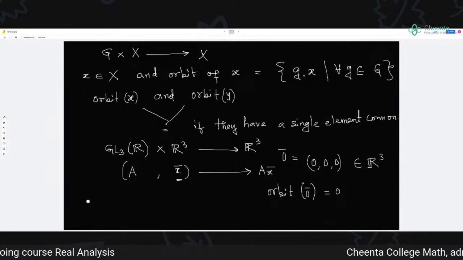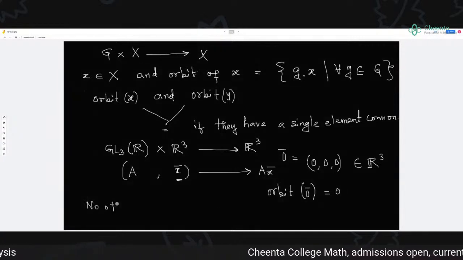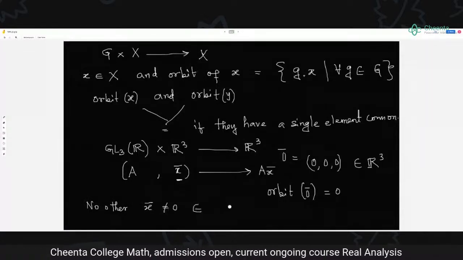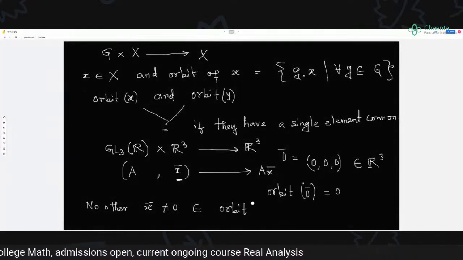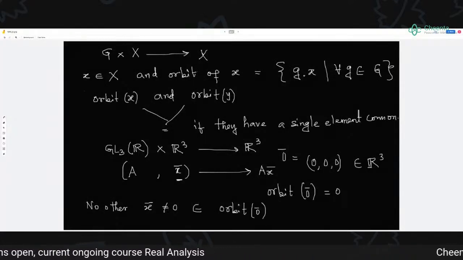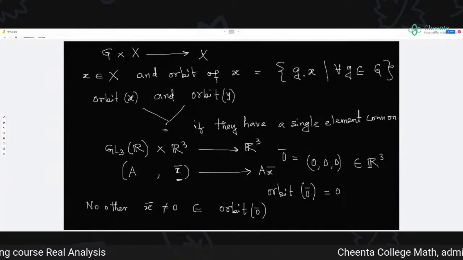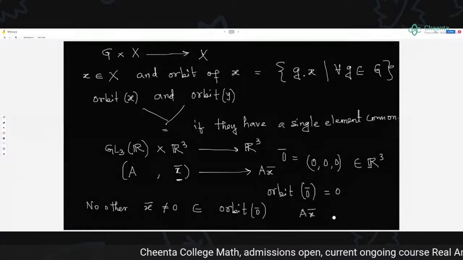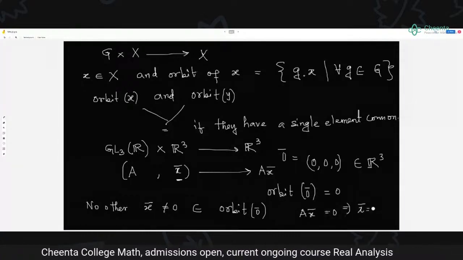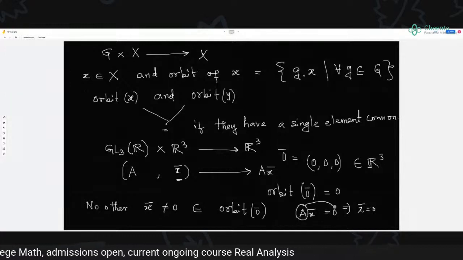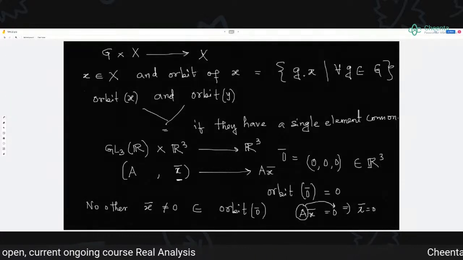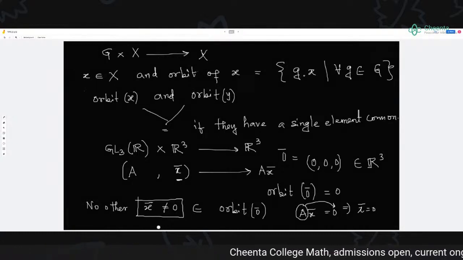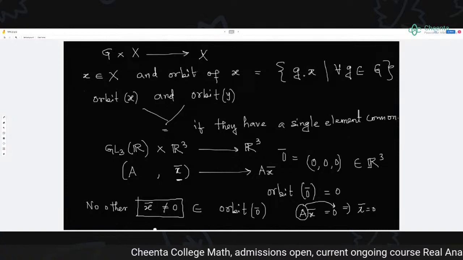Why? The first remark is that no x bar not equal to 0 will belong to the orbit of 0 bar. Because if x bar is not 0 and A x bar equals 0, then multiplying by A inverse gives x bar equals 0, since A is invertible, which violates our hypothesis that x bar is not 0.